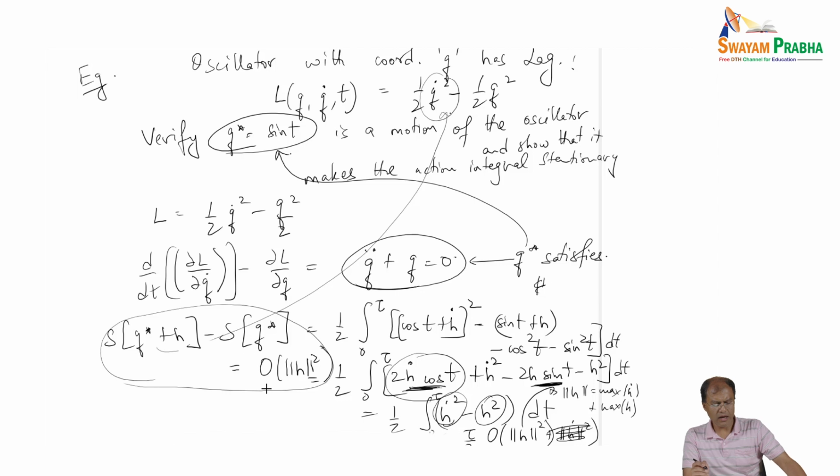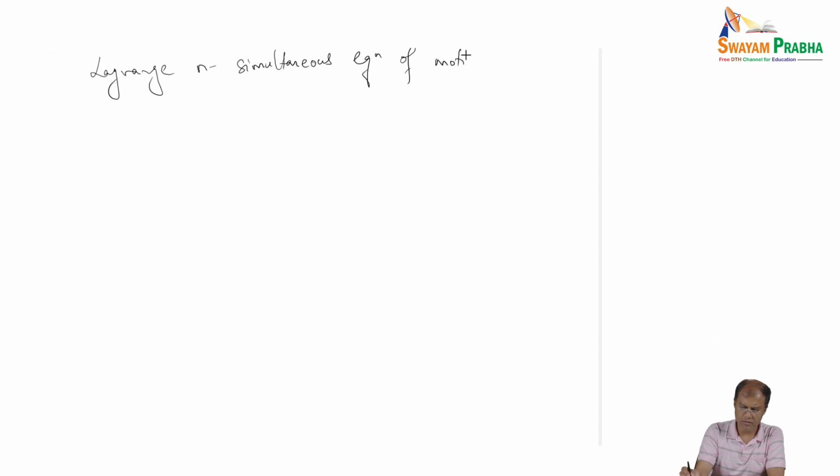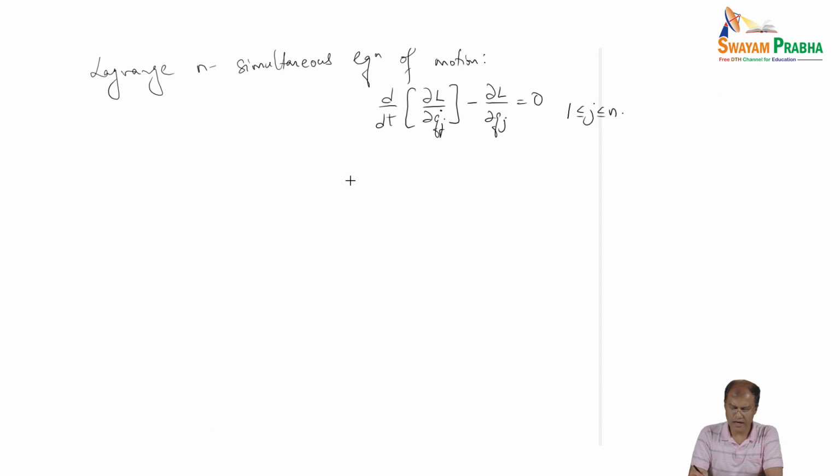Okay, so now how about a Lagrangian of several variables? A Lagrangian of n simultaneous equations of motion: d/dt of partial L partial q_j minus partial L partial q_j equals 0, where j is from 1 to n, and this holds for each j.